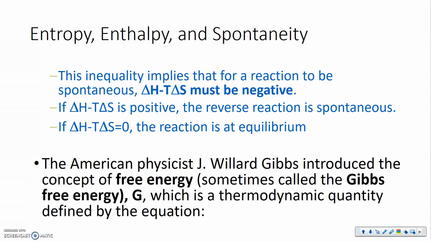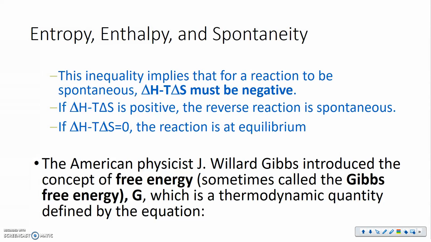So for a reaction to be spontaneous, this whole quantity has to be something less than 0, or it has to be negative. If it's positive, then it's non-spontaneous, and the reverse would be spontaneous. And then if it's equal exactly to 0, then we can assume the reaction is at equilibrium.